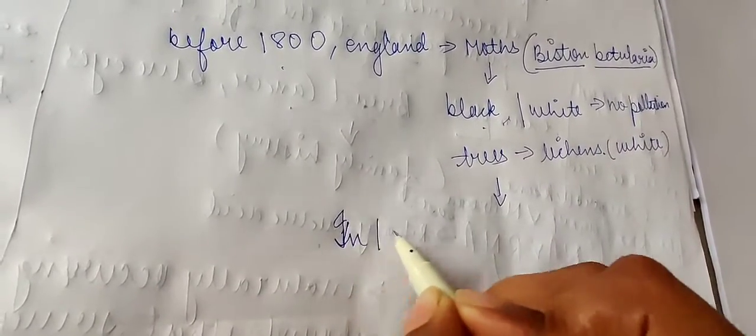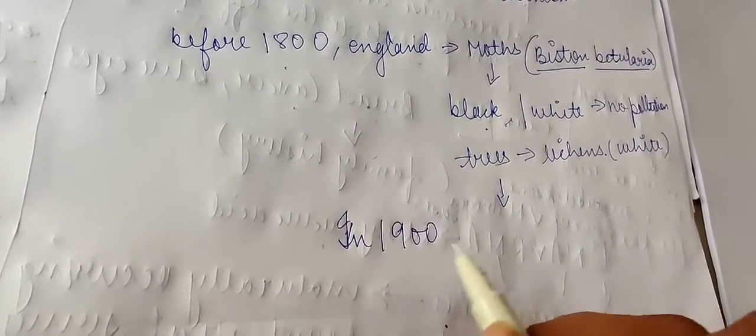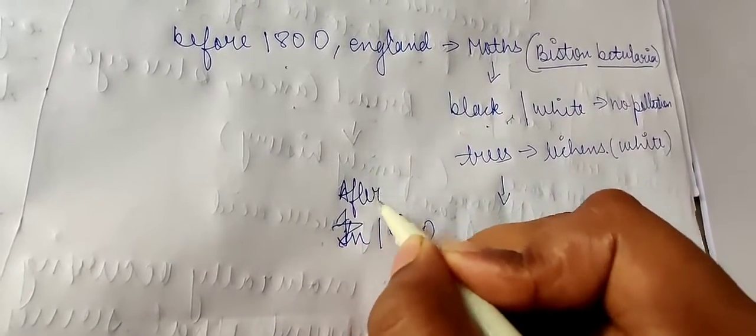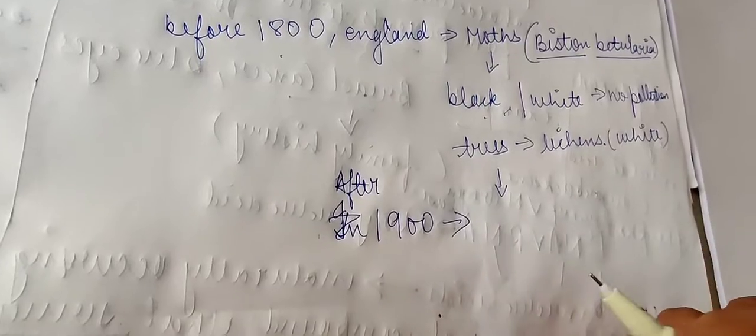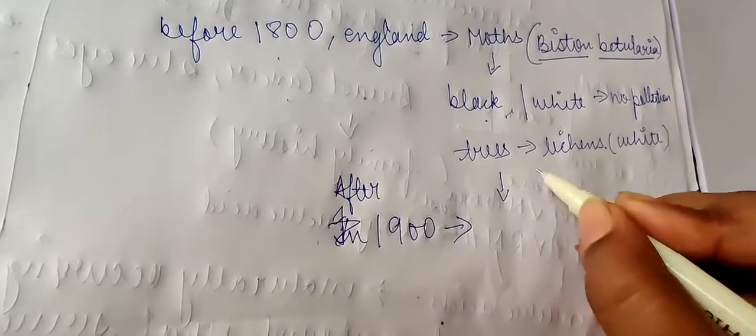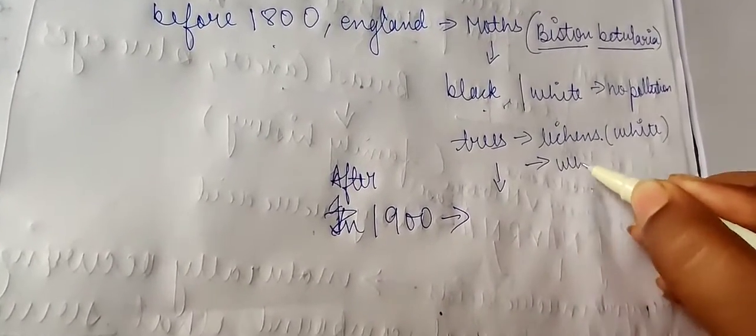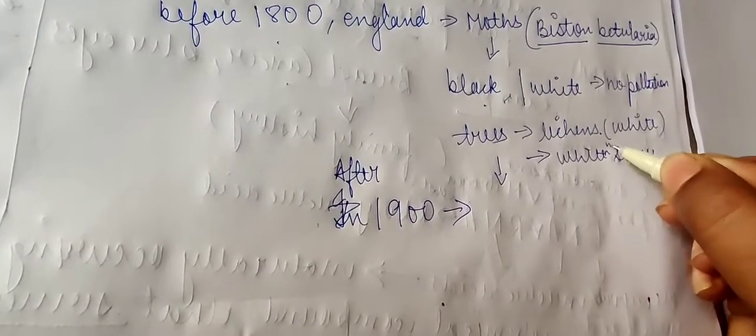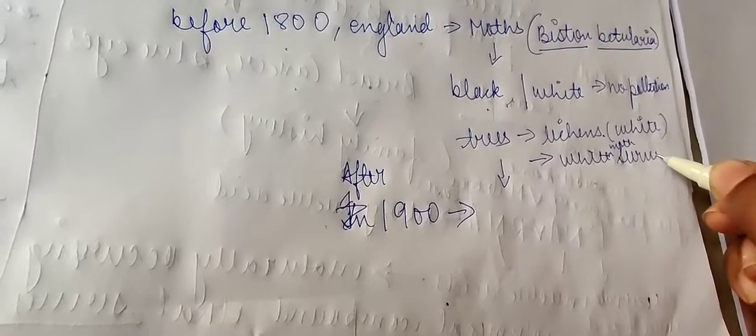After 1900, you can write here: white moth survived.